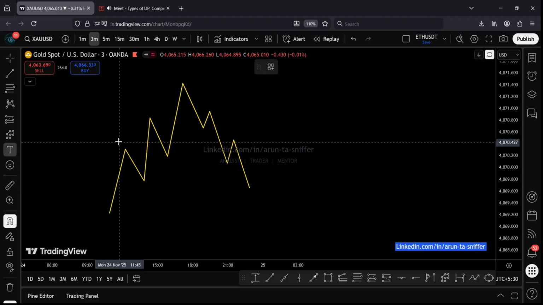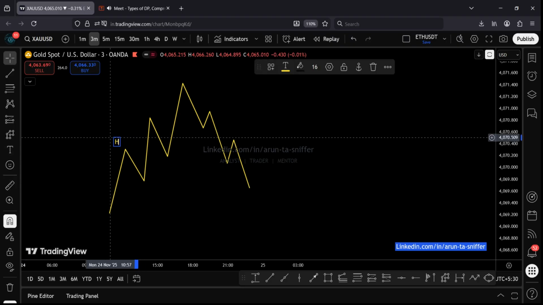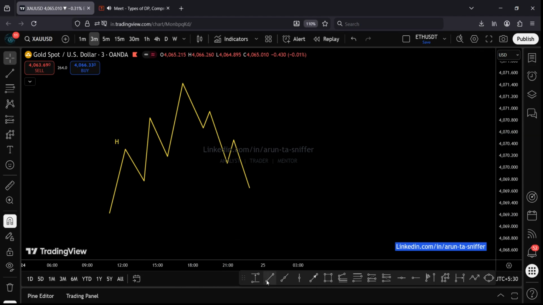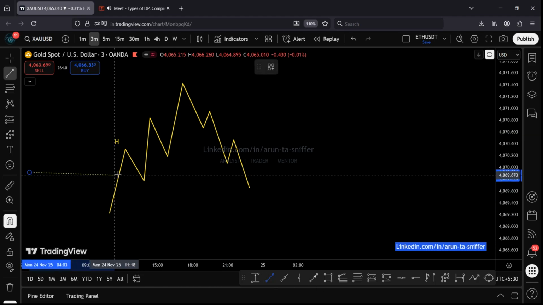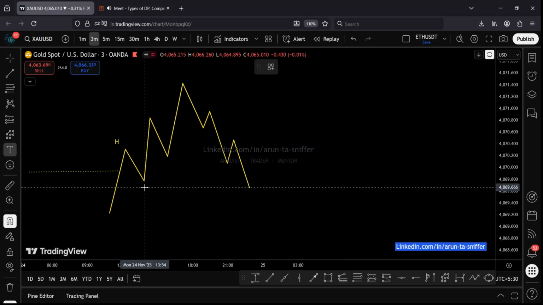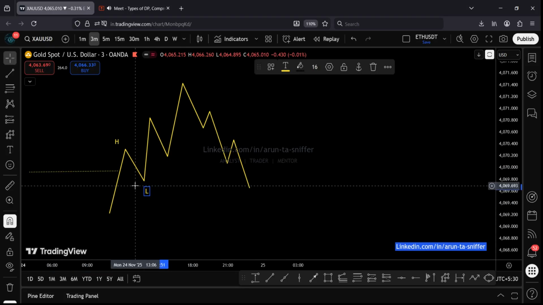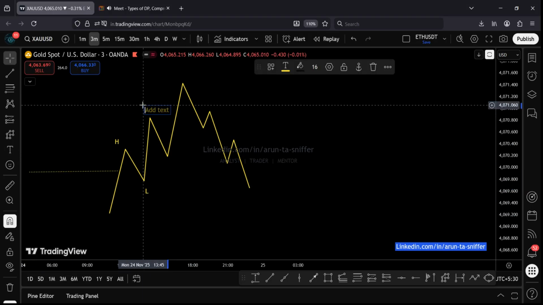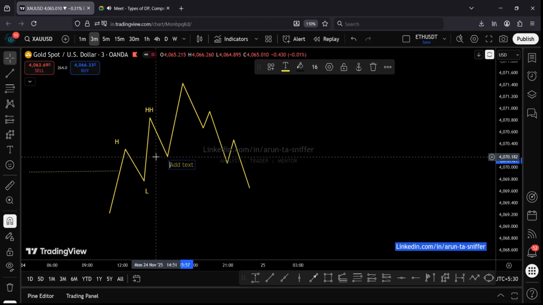So first price makes a high. Suppose there is a level and price is engulfing this level. This makes a low, and then this makes a higher high and a higher low.